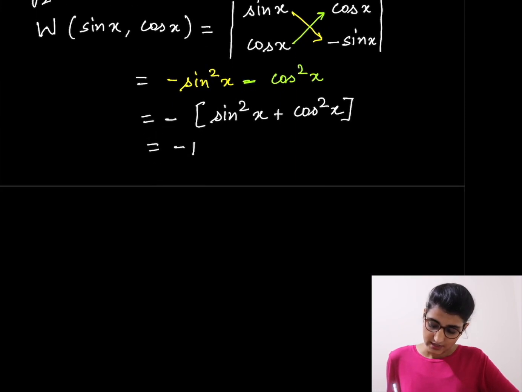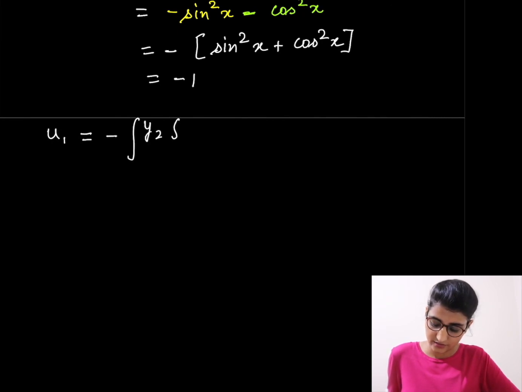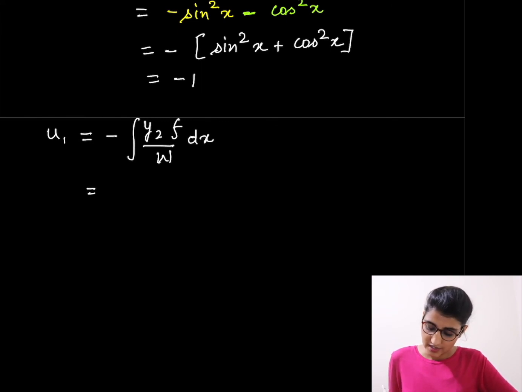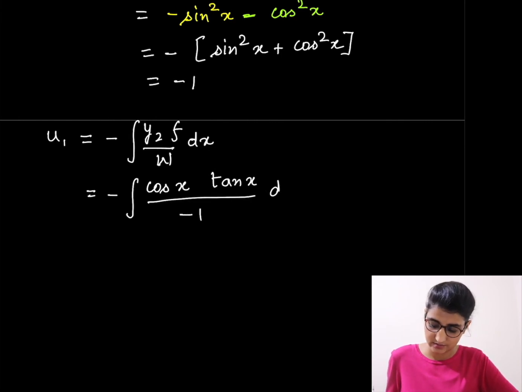Okay, then we will calculate u1, which is negative integral of y2 f divided by W dx. y2 is cosine x, f is tan x, Wronskian is negative 1.